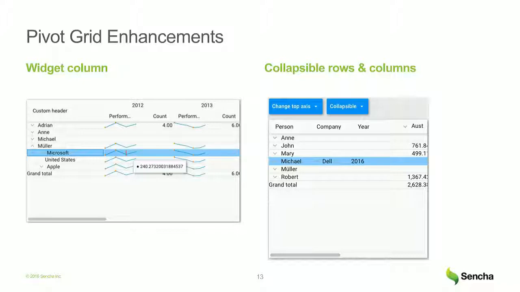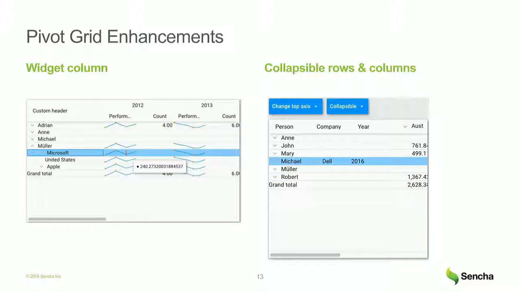We've also improved the pivot grids. Well, just having pivot grids in the modern toolkit is an improvement, but then also we've added the ability to have widget columns within the pivot grid. So instead of just showing textual data, you can also include something like maybe a spark line to show kind of the trend of what the data looks like within a collapsed row.